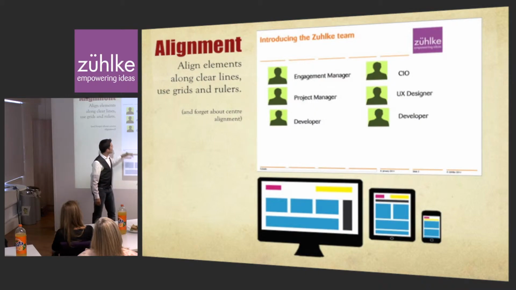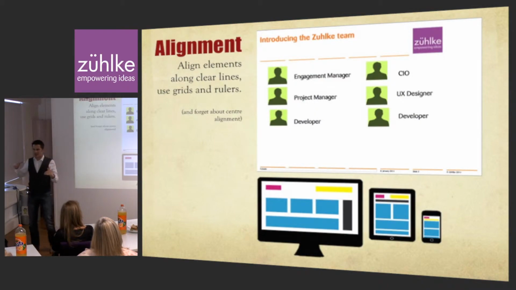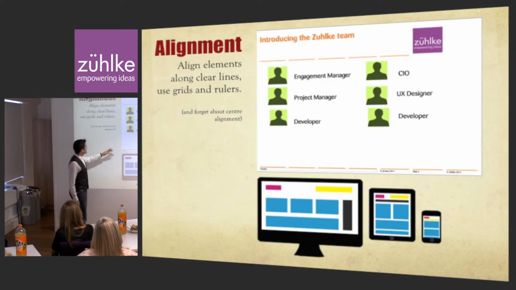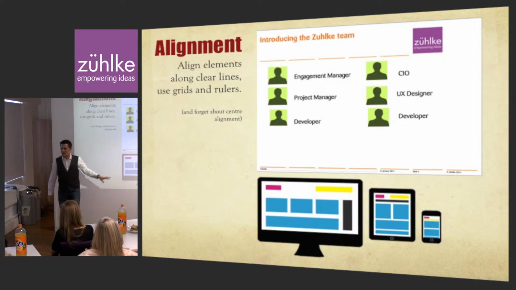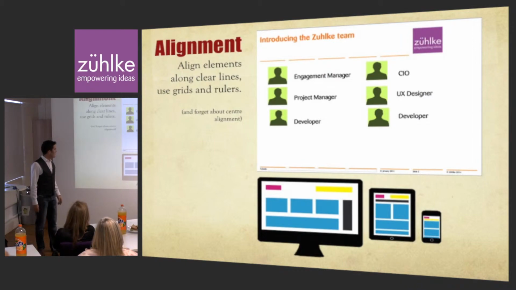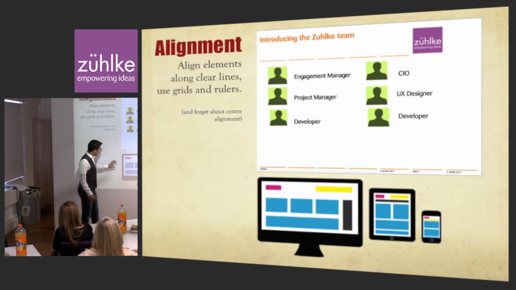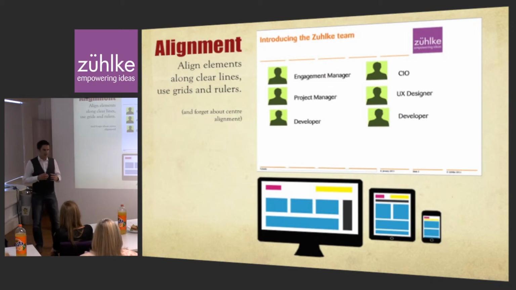Here's something wrong, huh? Here the text is not aligned. So next time, it's quite easy in PowerPoint to align pictures, to align text, and to form a unity of elements that's appealing.